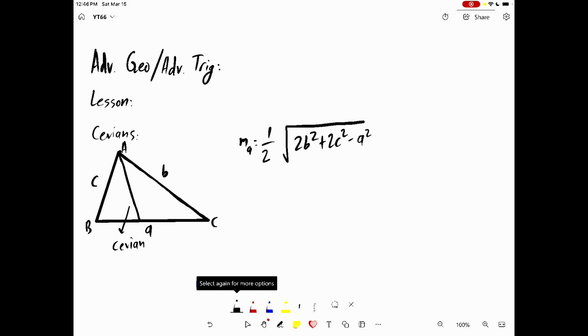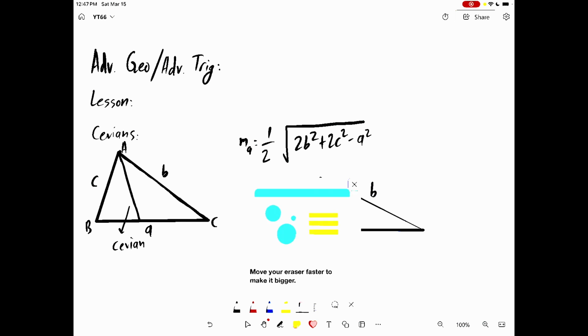And this is very useful for figuring out the length when you have a side bisector. So if we have a triangle over here, let's make this a little bigger, and we have a Cevian that bisects the side, to figure out the length of the Cevian, where the opposite side is a, and the other sides are b and c, it is equal to the formula above.